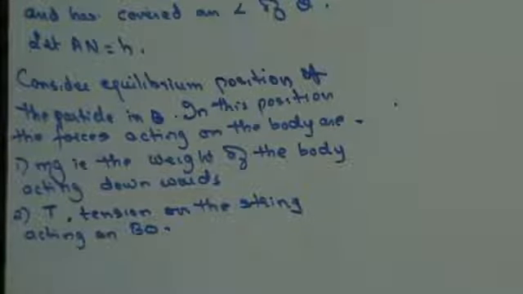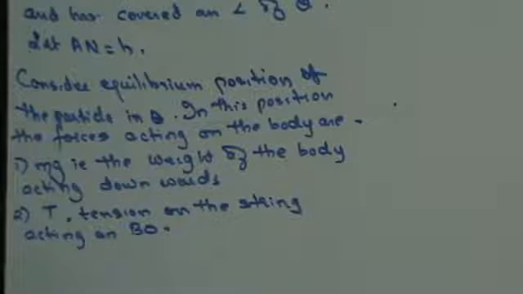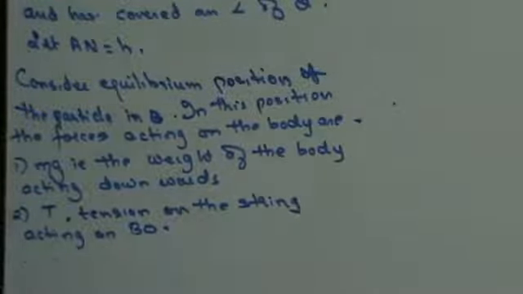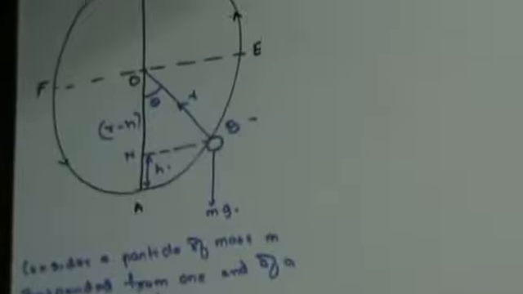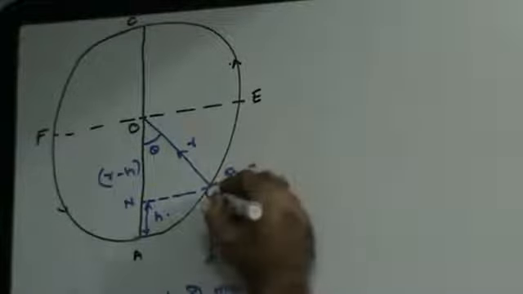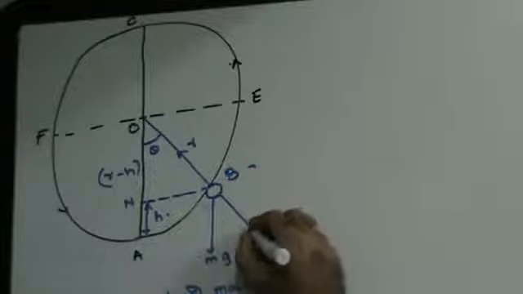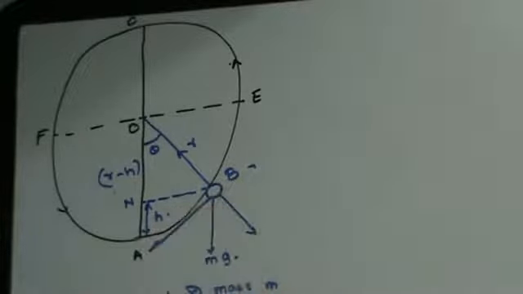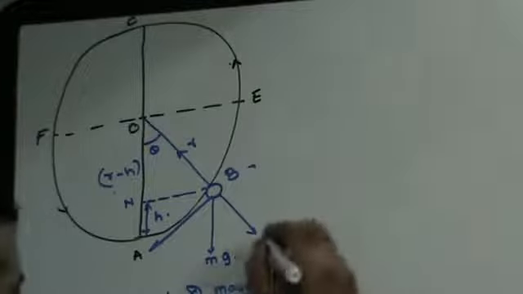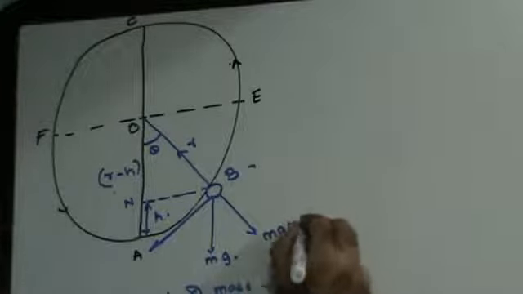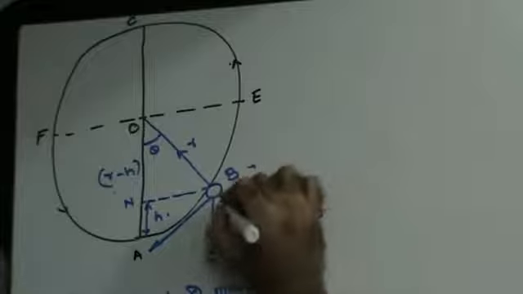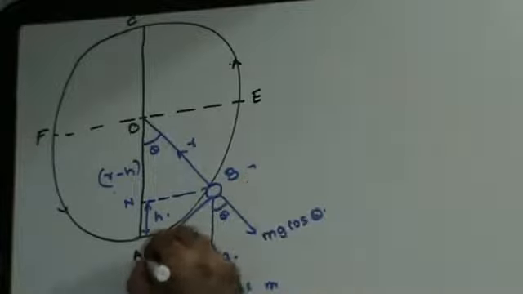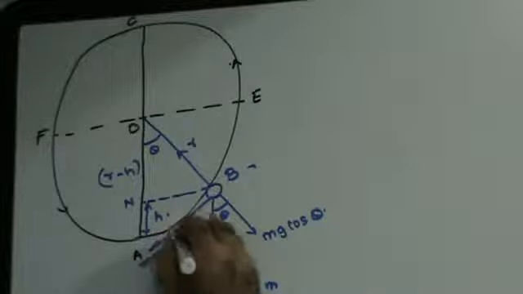Now the weight mg, since it's a vector quantity, it can be resolved into two components. Guys, let's see this. The weight mg can be resolved into two components, one along horizontal and one along vertical. This is one component, this is the other component, right? This is going to be mg cos theta, where this angle is theta, and this is going to be mg sin theta.